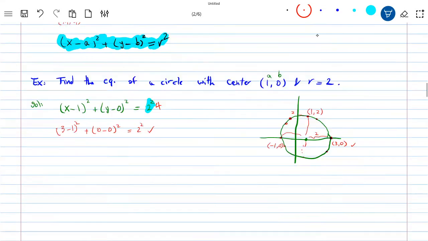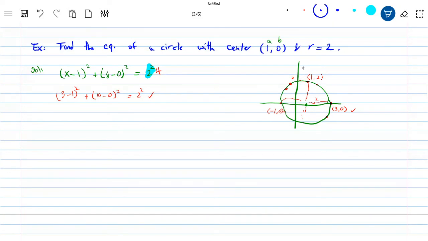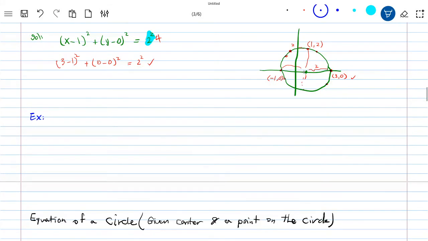So how about if the question was backward? What if I give you the equation and ask you to find the center? Here is an example. Find the center and the radius of the given circle.